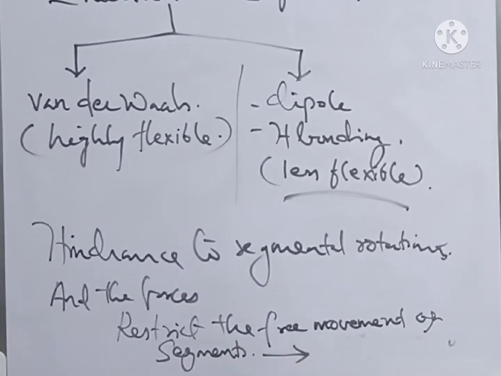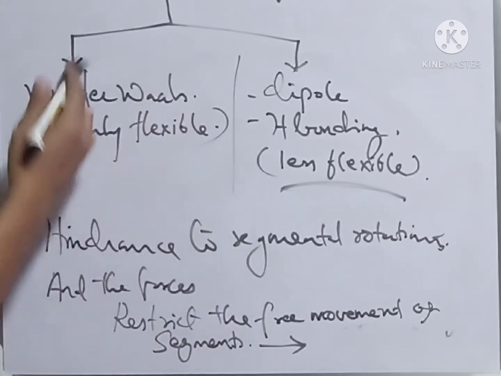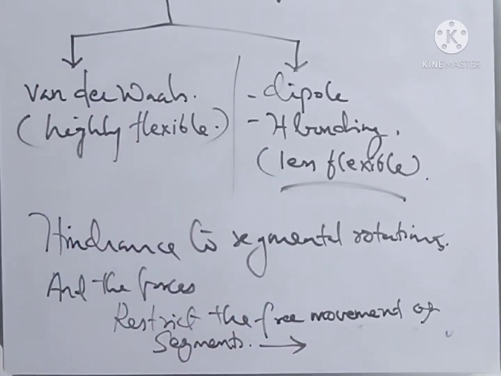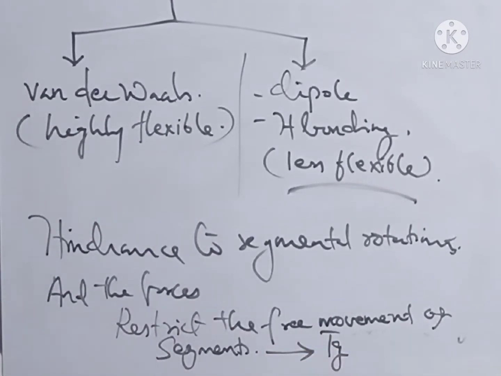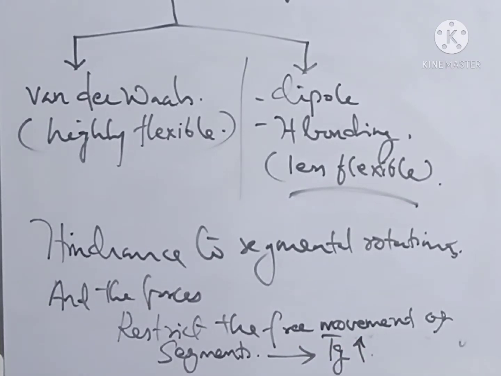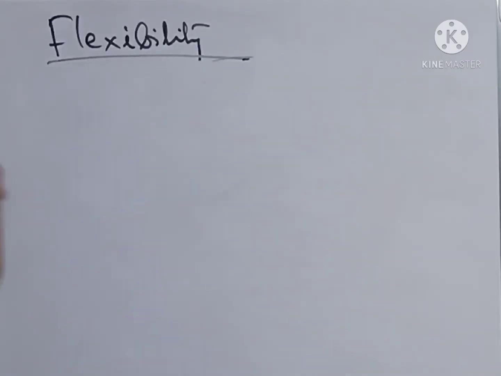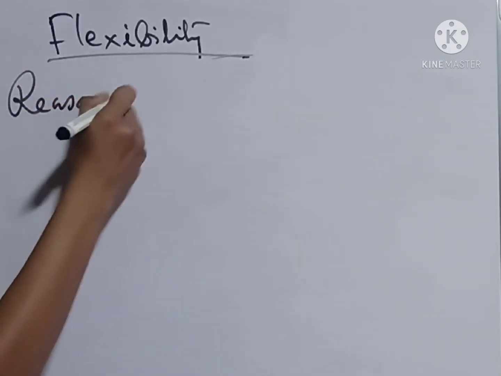And hence solid nature or glassy nature increases and rubbery nature decreases, and hence glass transition temperature increases. Now we have to know the reason behind this, right?